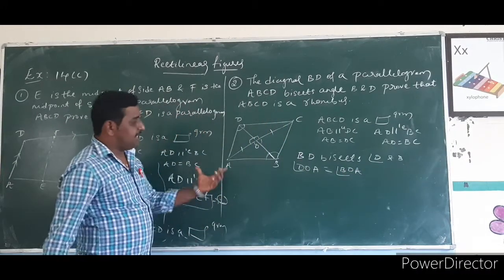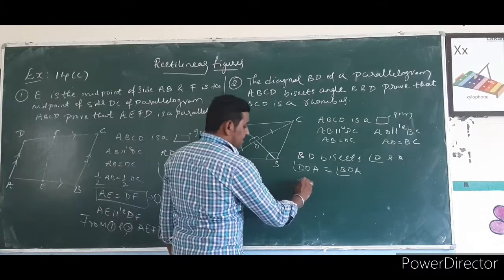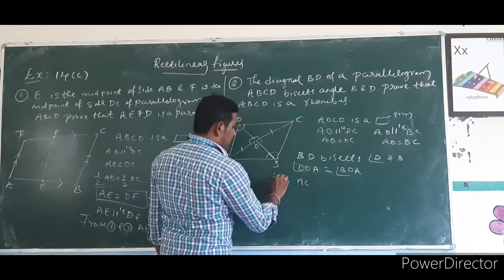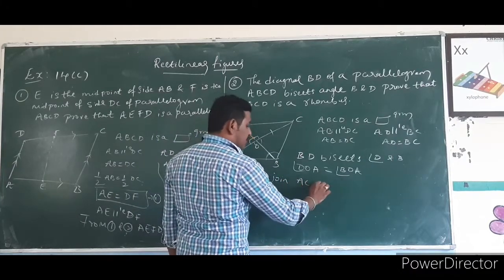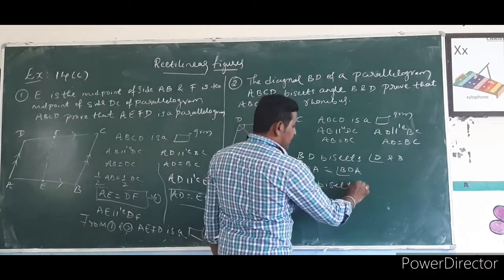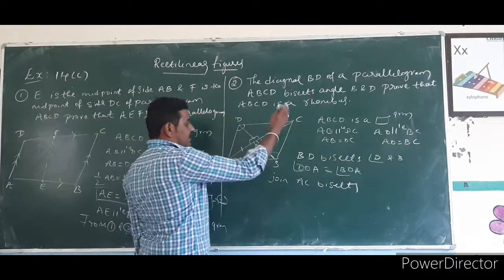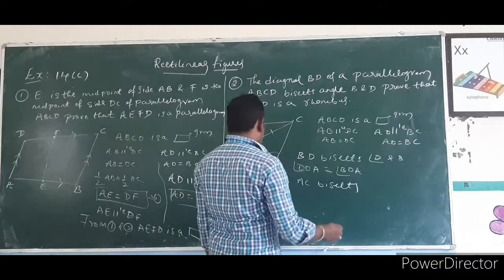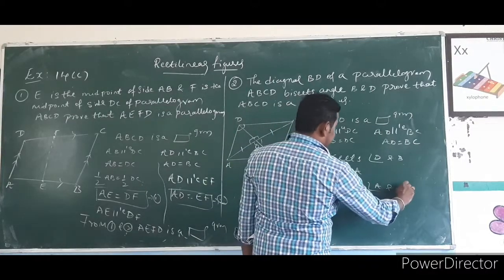If I construct AC, joining AC, it also bisects. If BD bisects angles B and D, what about AC? AC bisects angles A and C.